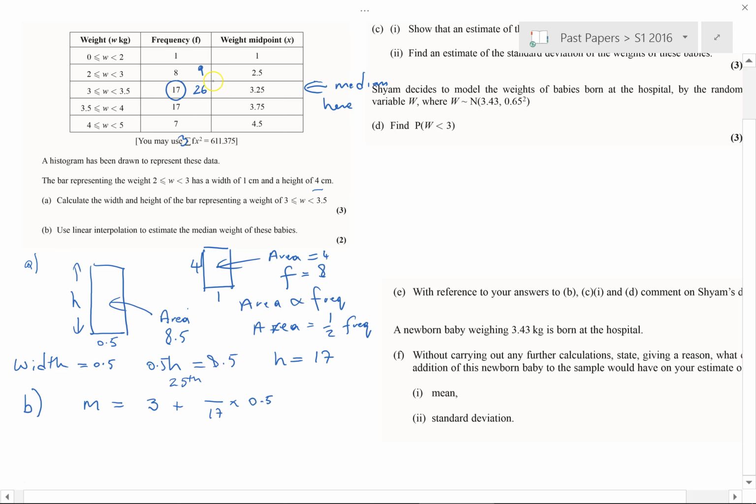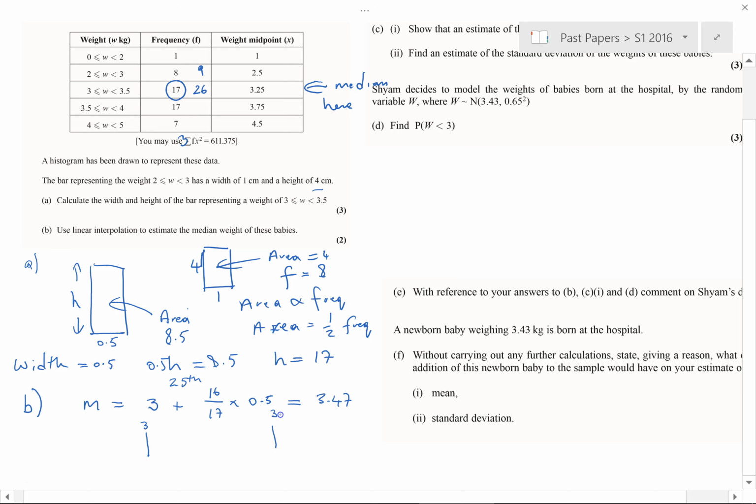We want the 25th, and before that we've got 9, so that's 25 take away 9, which is equal to 16. So that's going to be our median, which comes to 3.47.